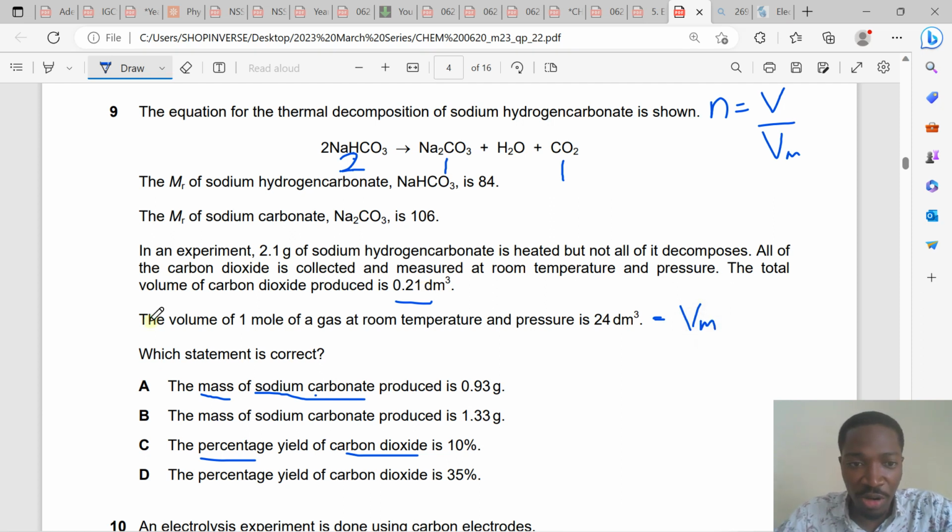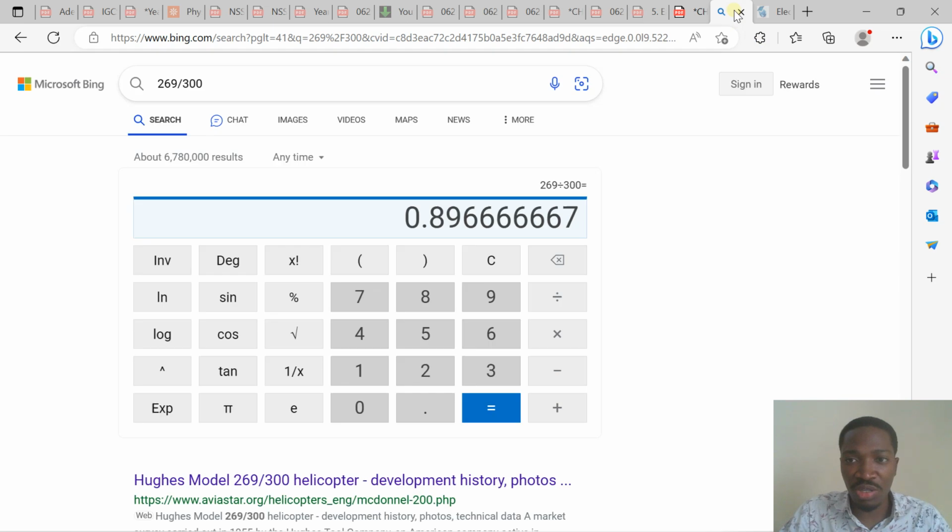And the volume produced in this case is 0.21, right? Good. So the number of moles of carbon dioxide produced will be the volume we have, which is 0.21, divided by the molar volume of every gas, which is 24 dm cube. So if you divide 0.21 by 24, what will you get?